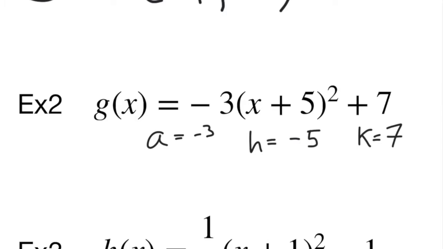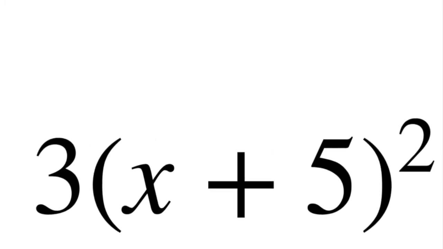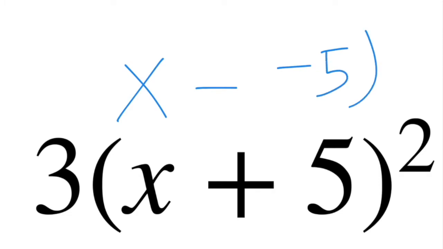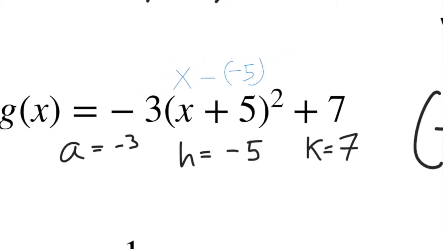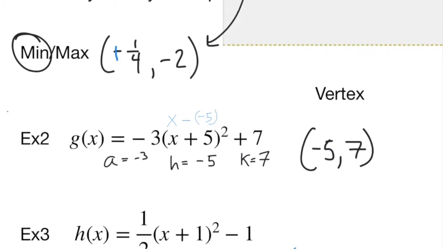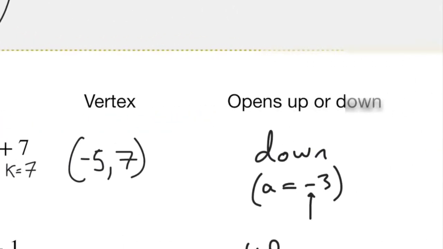So if we really needed to, we could rewrite this as x minus negative 5. So therefore h equals negative 5 and k equals positive 7. That means we've got a vertex at negative 5 comma 7.